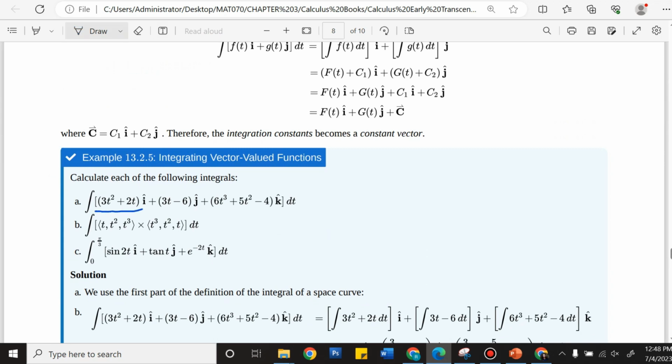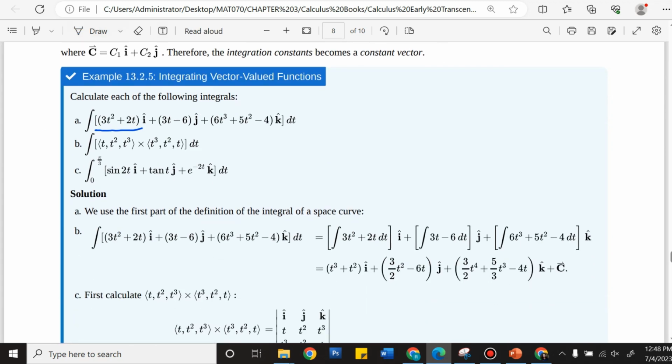Example: the integral of this is t cubed, t squared, then i. This one, 3 over 2 t squared minus 6. This one, we have 3 over 2 t to the 4th plus 5 t cubed over 3.